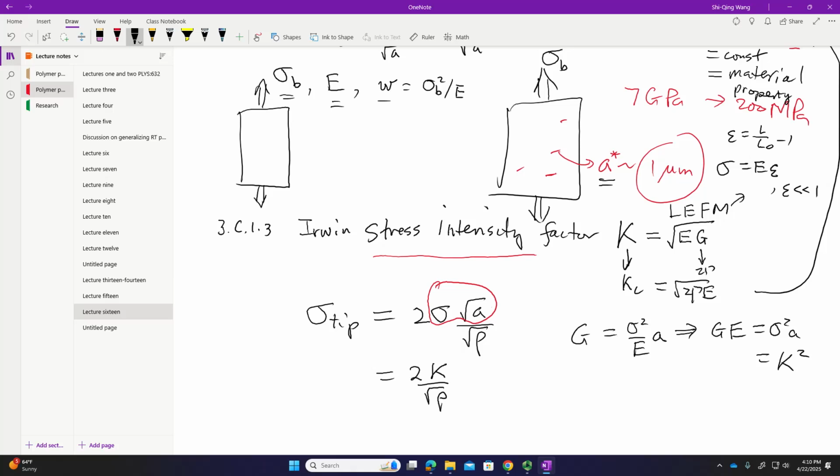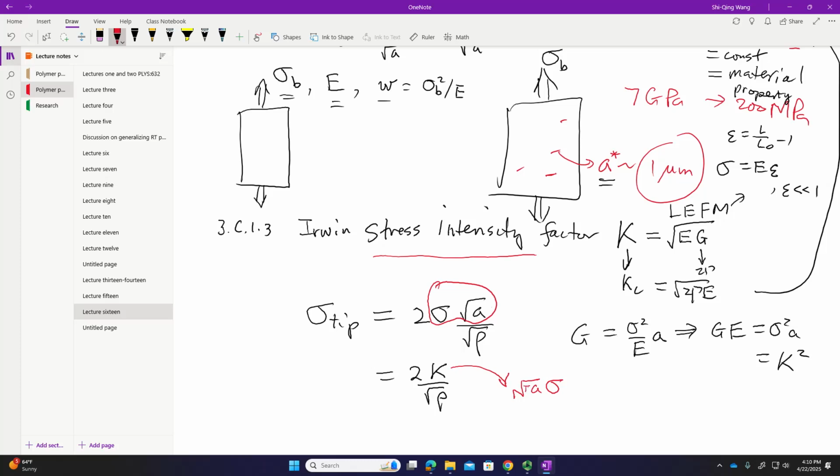It's a very funny piece of mathematics. On the left-hand side is the stress. On the right-hand side, in this linear elastic limit, K, by definition, is square root of A times sigma. Sorry for the complication, it turns out if you are insisting on being accurate, you will find this K is precise.